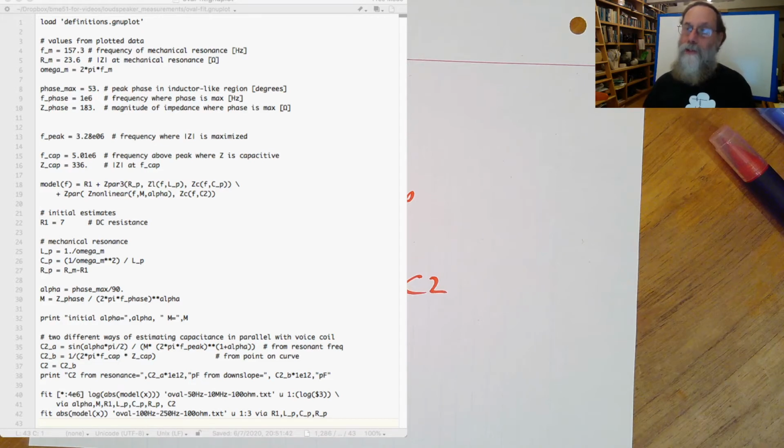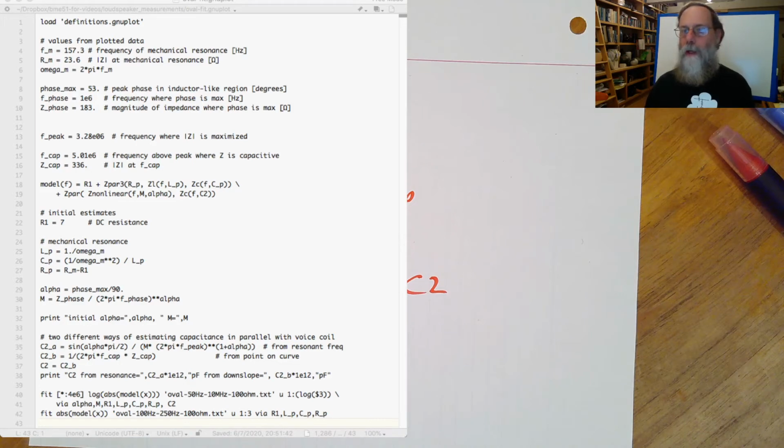Then I do the fit again on just the resonant peak. And here, because I was most interested in the top of the peak, getting the shape at the top of the peak just right, not that it really matters for anything we're going to use the model for, but I wanted to get a good fit. Here I use just the absolute value of the model, so that the higher up you are on the plot, the more important the errors are, because we're treating it as if we were not taking the logarithm.